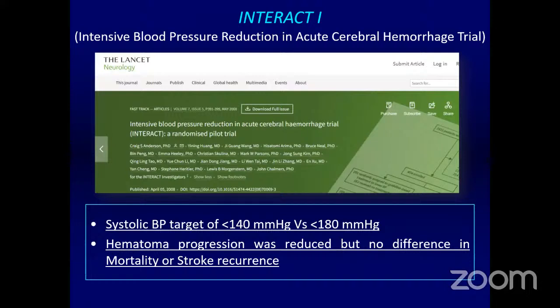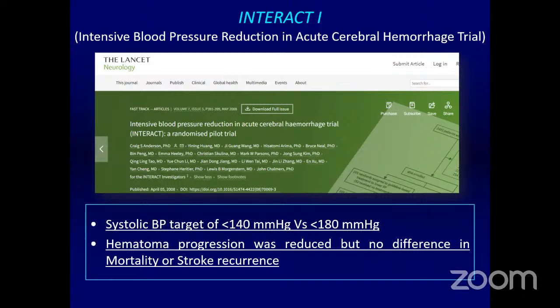And now, what did the studies say? The Interact 1 trial compared the systolic blood pressure target of less than 140 versus less than 180 in patients with acute cerebral hemorrhage. They found that hematoma progression was reduced by bringing the systolic blood pressure control from 180 to 140, but there was no difference seen in mortality or stroke recurrence.